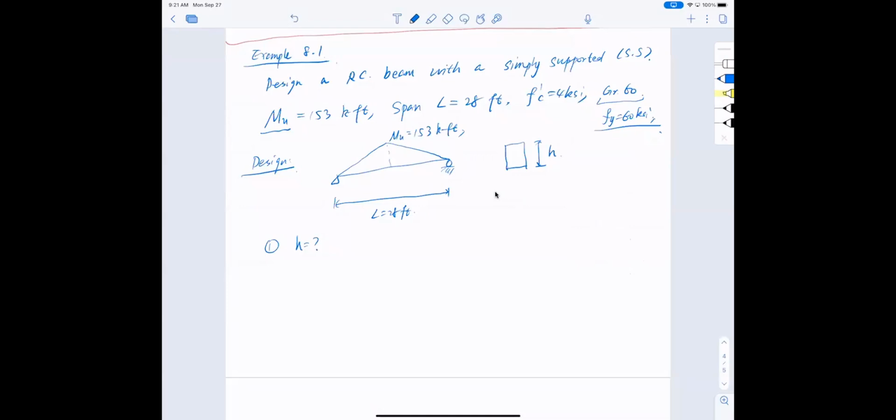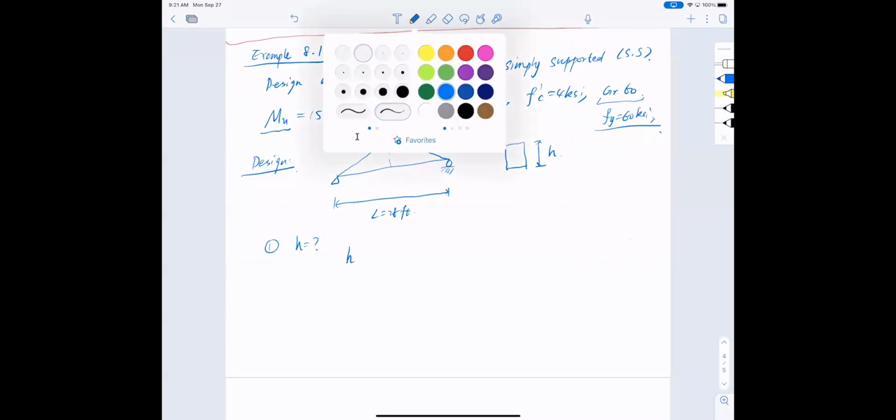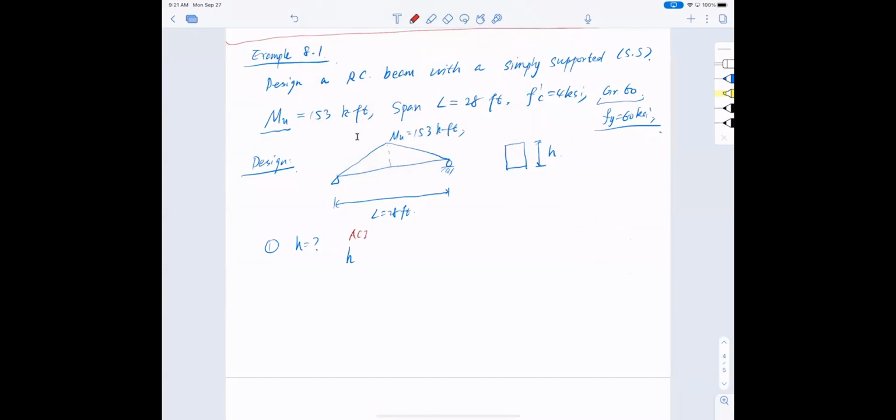Going back and looking at this, I want to do some estimation and pick a number, say H, based on ACI code. Let me put it here: ACI 318.19, 9.3.1.1, and that is a table. It says that H should be approximately equal to L over 16.